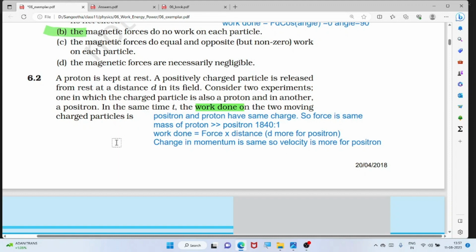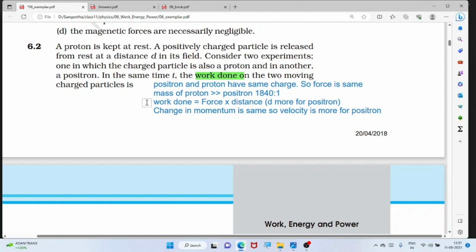Proton and positron have the same charge, but the proton's mass is much higher than the positron's. Positron and proton have the same charge, so the force will be the same, because the force depends on the charge. Only the mass differs.